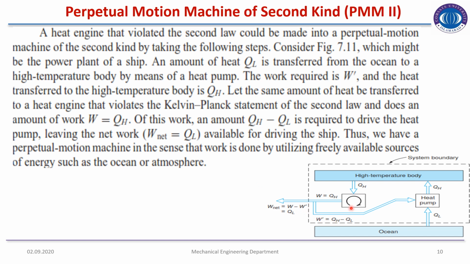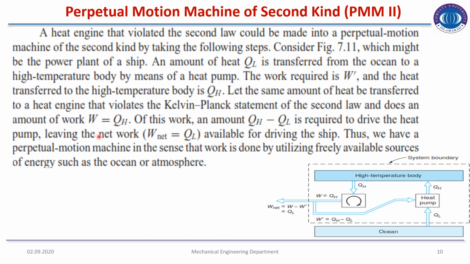The function of the heat engine is to give out work, and that work is equal to the amount of work that is inserted into the heat pump. So this work, equal to QH minus QL, is required to drive the heat pump, leaving the net work W net equal to QL available for driving the ship.